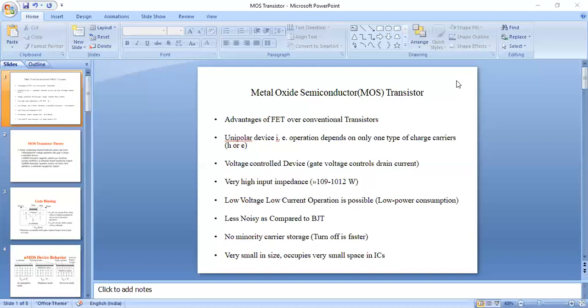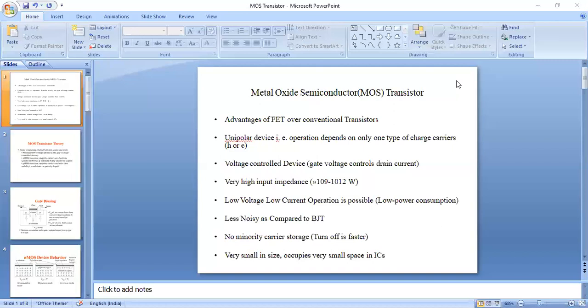The final advantage is that it is very small in size and occupies very little space in ICs. Size here means the channel width. Whenever we reduce the channel width, the drain current created by the device is very small.